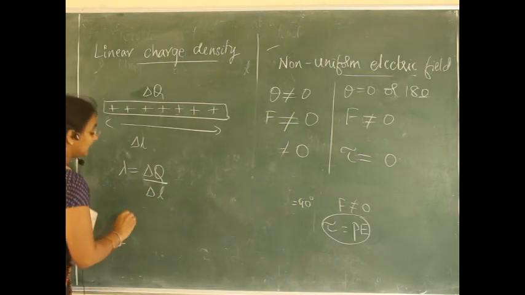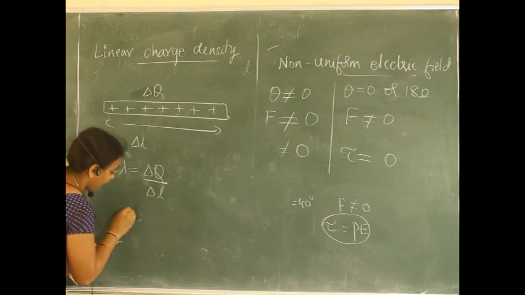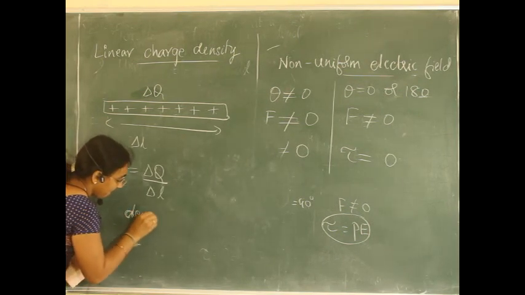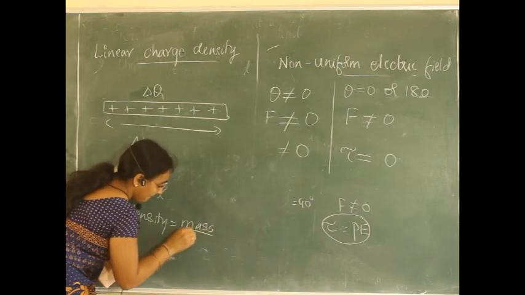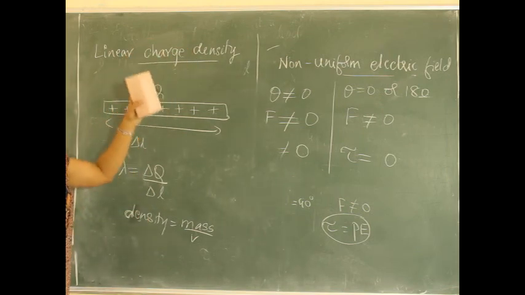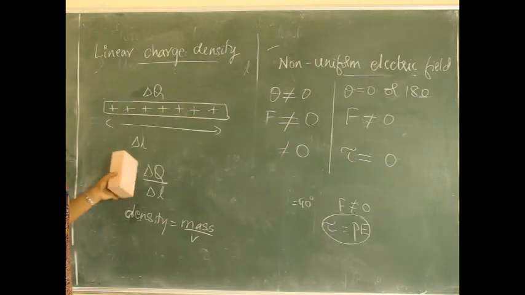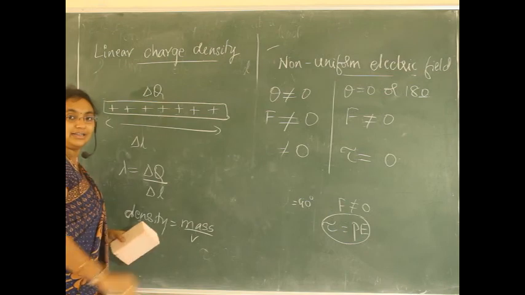Density is nothing but mass by volume. Here you are writing linear charge density, which is charge per unit length.